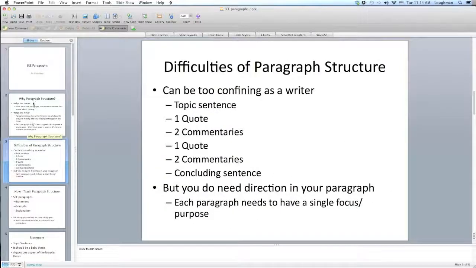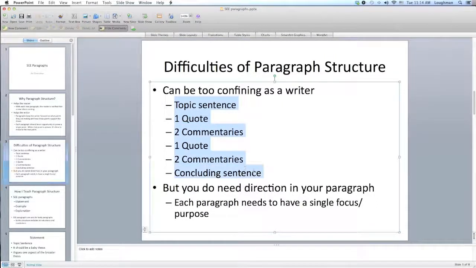What I've found both as a student and as an instructor, talking with students, is that sometimes paragraph structure is frustrating to students. First of all, you hear a bunch of different ideas for paragraph structure, and you wonder, well, what should I do? What do I do in this class? What do I do in that class? But another one is that it's so prescriptive. I've seen this format in high schools. My wife teaches high school.